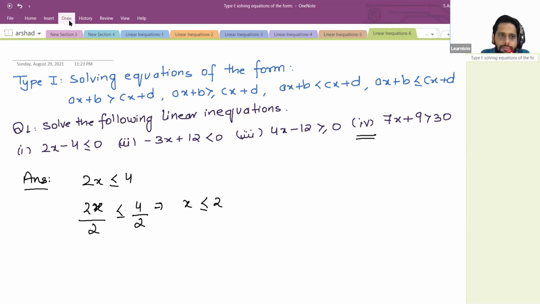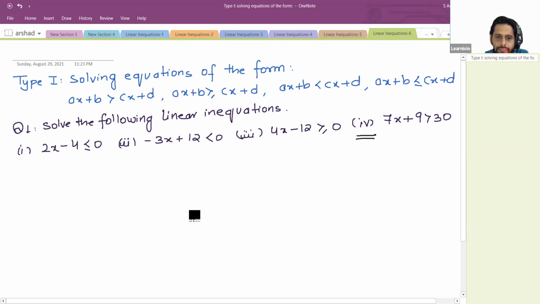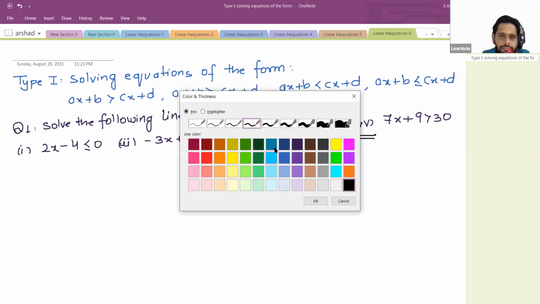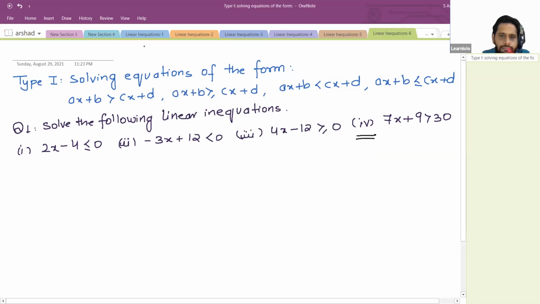Minus 3x plus 12. Sir, x is greater than -12 by minus.